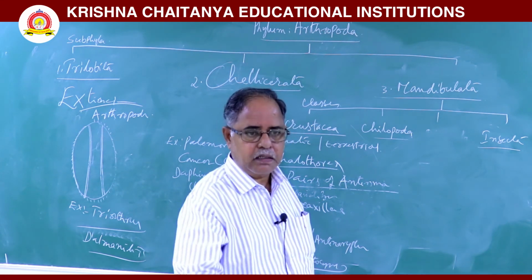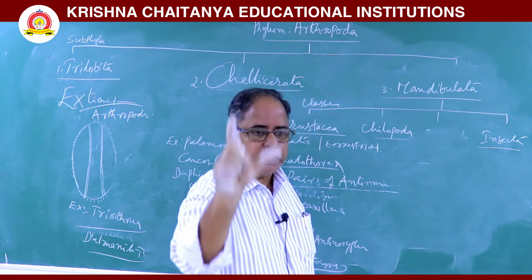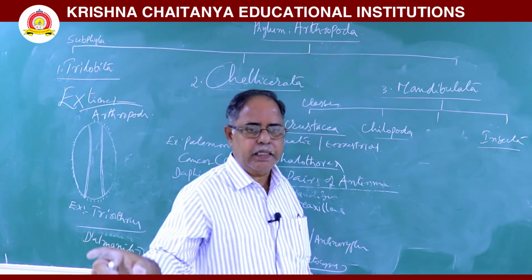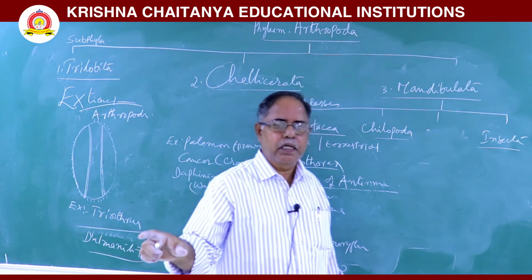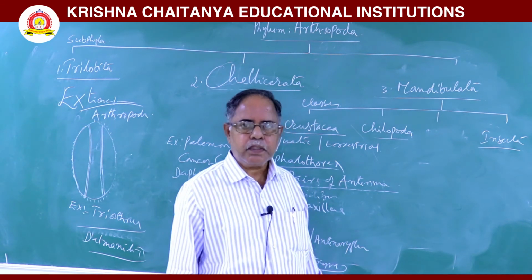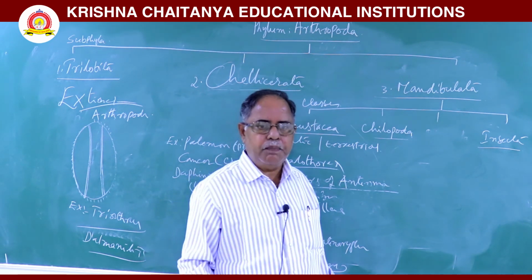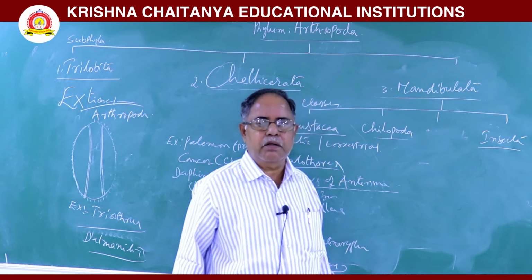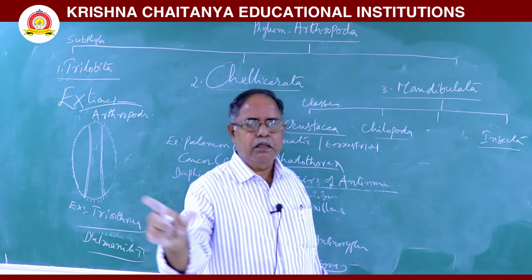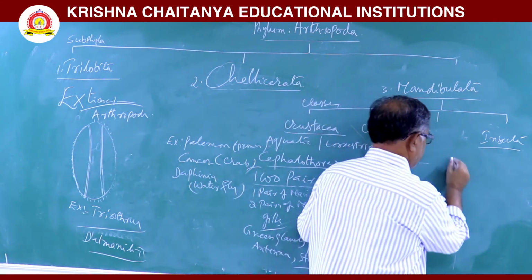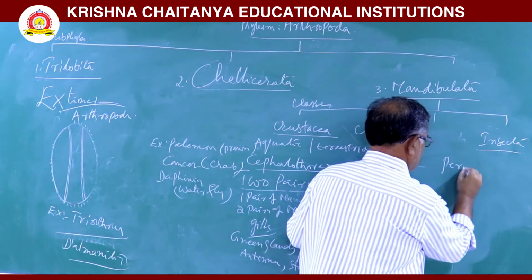The excretory organs are Malpighian tubules, and the respiratory organs are trachea. They are uricotelic animals. During development, many larval forms are seen, and these larval forms undergo metamorphosis.